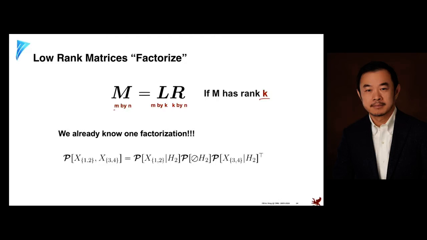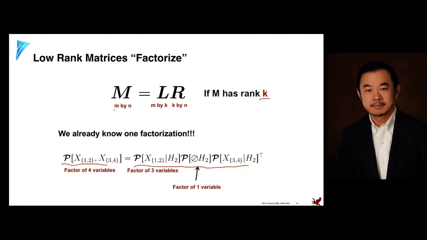And in fact, given this matrix, we can easily do that with a factorization that corresponds to exactly this idea. You can just condition the first one on the latent state, and the next two also on the latent state, and the latent state, of course, has k states.